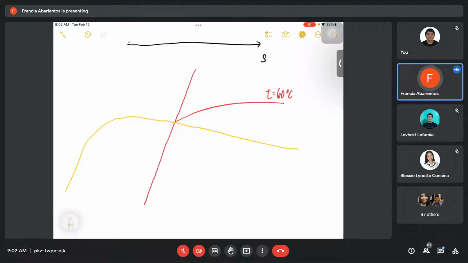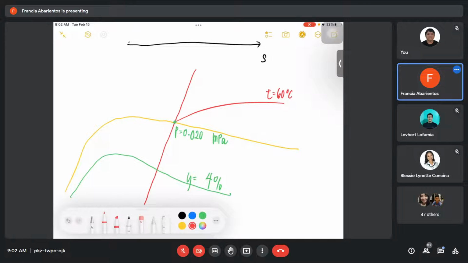As well as yung 4% natin, pag ganito din siya, pababa. So, yung pressure line natin is 0.020 megapascal. Pag nag-fall siya, nag-intersect class yung 0.02 megapascal. So we have now yung Y natin na 4%. Dito po sila nag-intersect sa point na to.